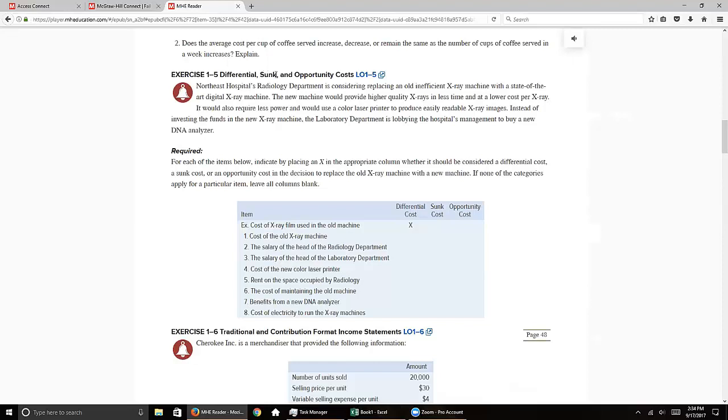Sunk costs are a big one for accountants. Sunk costs are any historical cost that can't be changed with any decision we make going forward, right? And in the context of replacing machinery, which is one of the things we kept talking about in Chapter 1, sunk costs were things like the cost of the old machine that we were thinking about replacing.